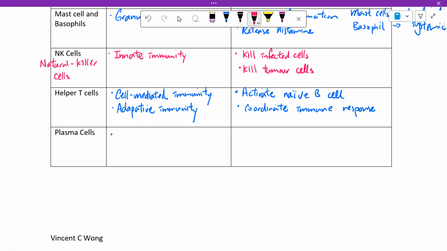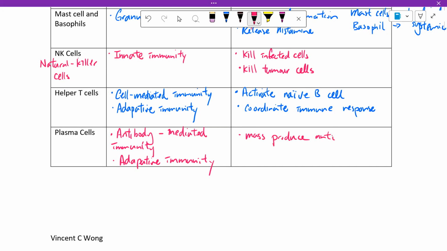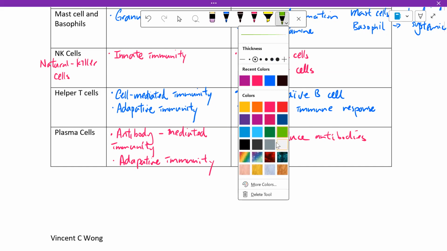Plasma cells. This is part of antibody-mediated immunity, and that is, of course, also adaptive immunity. Their job is to mass produce antibodies.